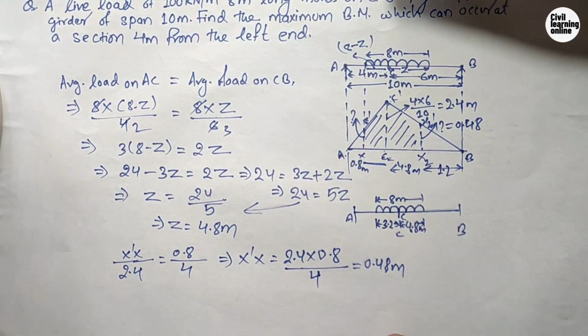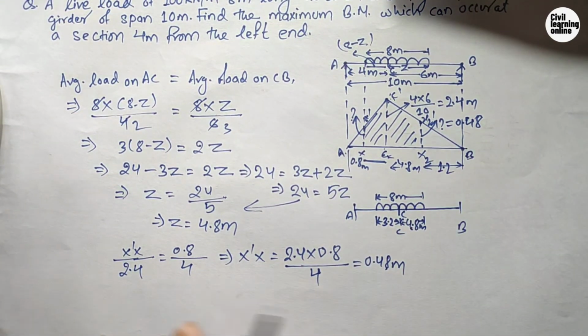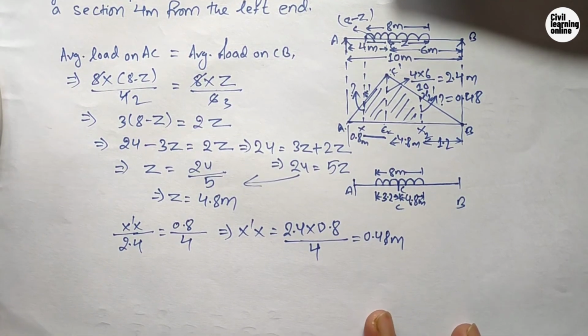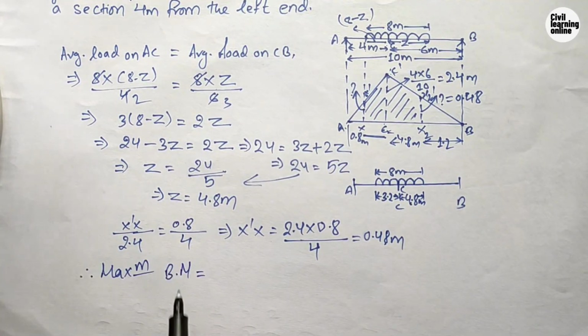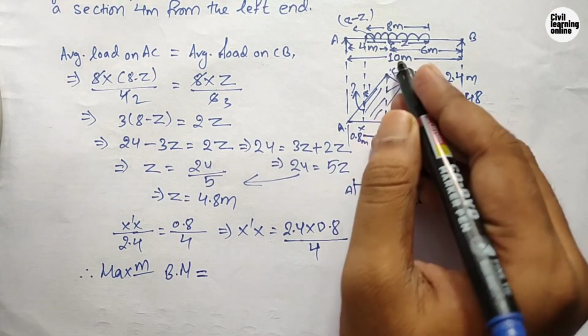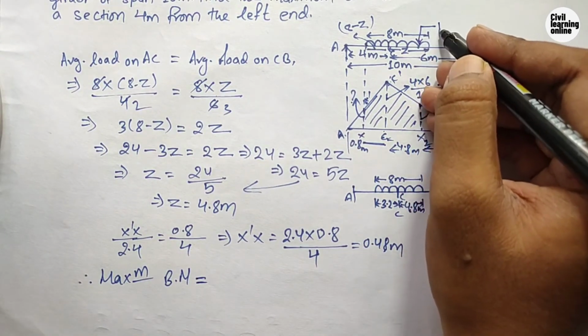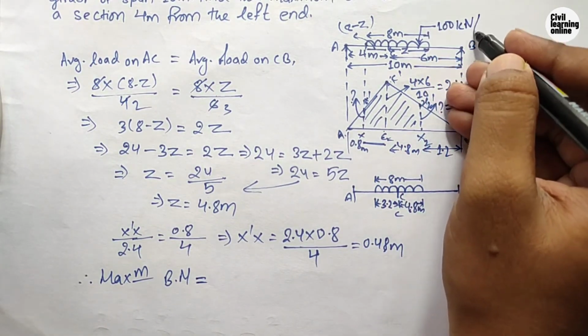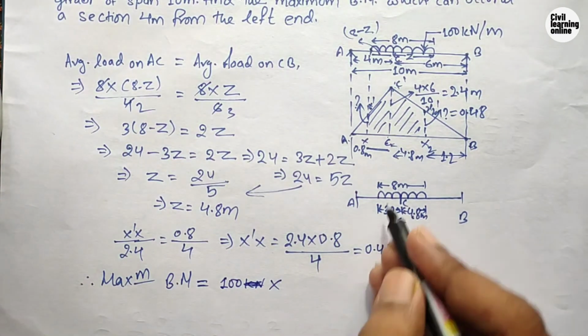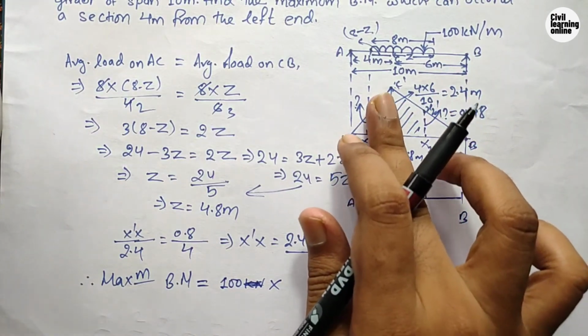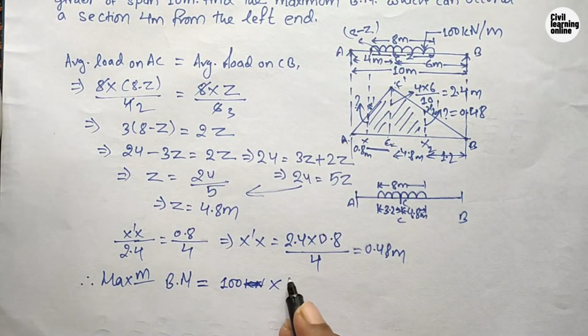And now after knowing the ordinates, simply use the formula with the intensity of loading to calculate the maximum bending moment. On using the formula, maximum bending moment equals intensity of load, and the intensity of load is 100 kilonewton per meter. So 100 will be multiplied by the area, and first we consider this area, which will be equal to half times the sum of parallel sides.